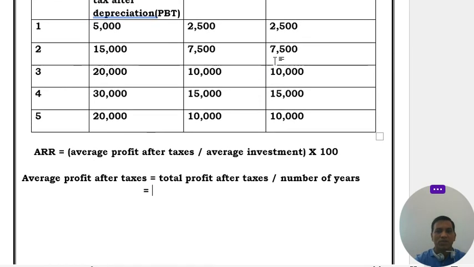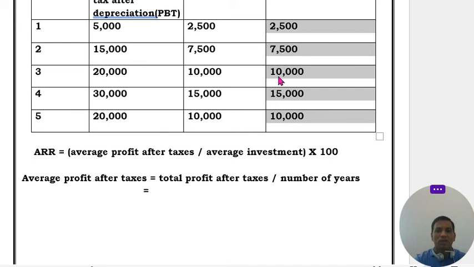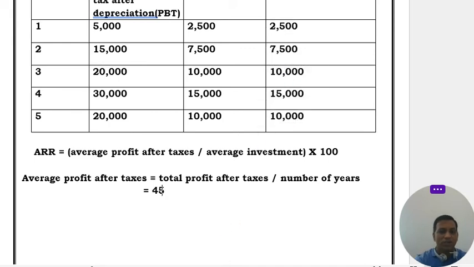What is the total profit after taxes? This is the total of all these values: 2,500 plus 7,500, 10,000, 15,000 and 10,000, which is 45,000. 45,000 divided by the number of years, 5, is 9,000. That is the average profit after tax.